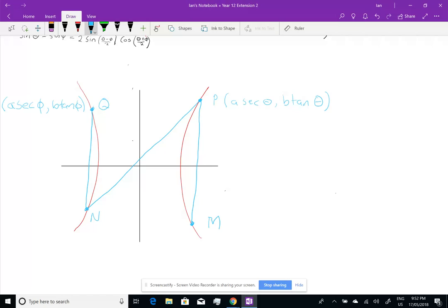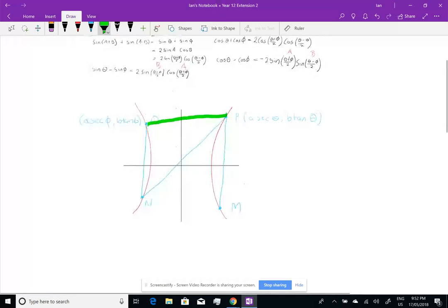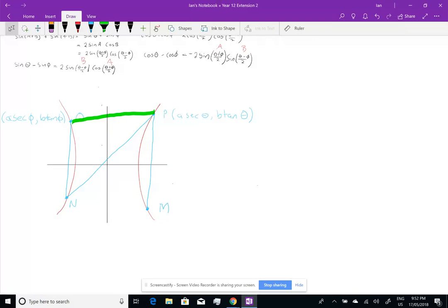And there's a parametric representation of a point on the hyperbola Q. And let's now find the equation of that chord PQ. Now, it wouldn't matter which one of those, whether we chose PM, PN, NQ, it doesn't matter, as long as we're just going between two points on the hyperbola.